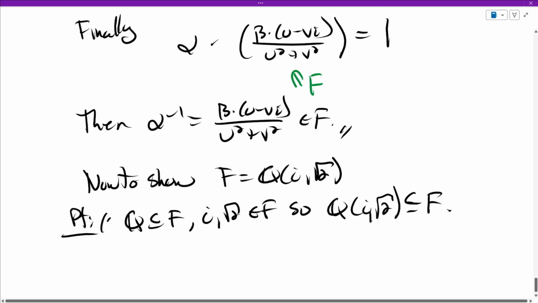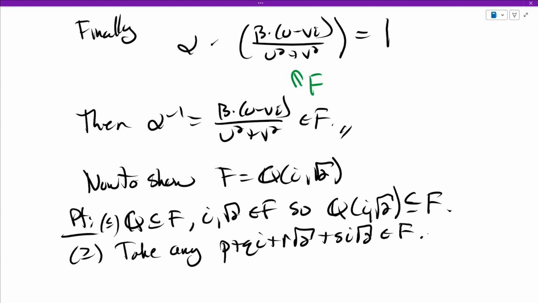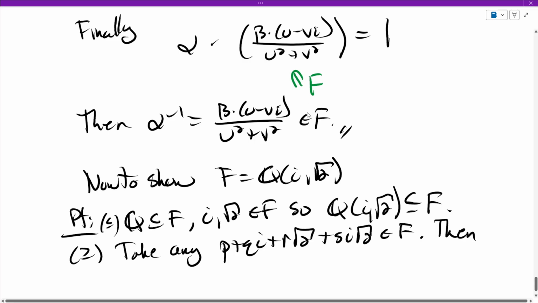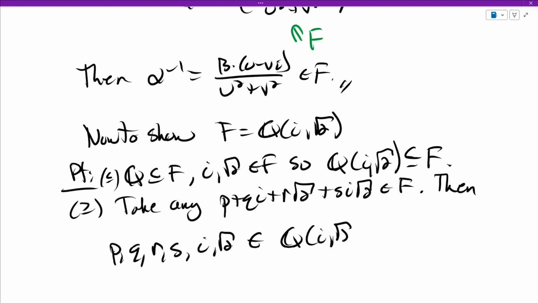For the other one, take any p plus qi plus r root 2 plus si root 2 in F. Then individually, p, q, r, s, I, and root 2, those are all in Q adjoin I, root 2. So any arithmetic combination of them is in that set. In particular, I times root 2 is in that set.